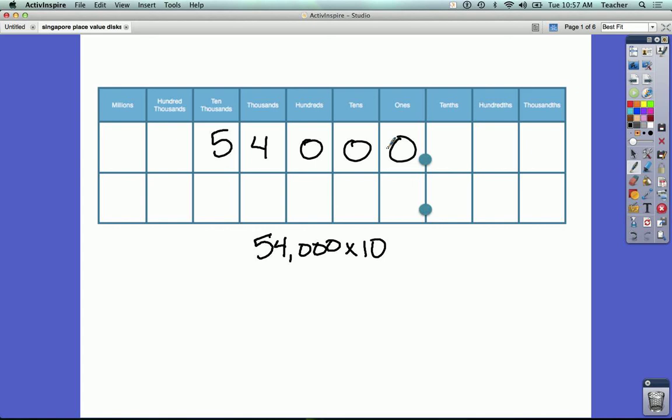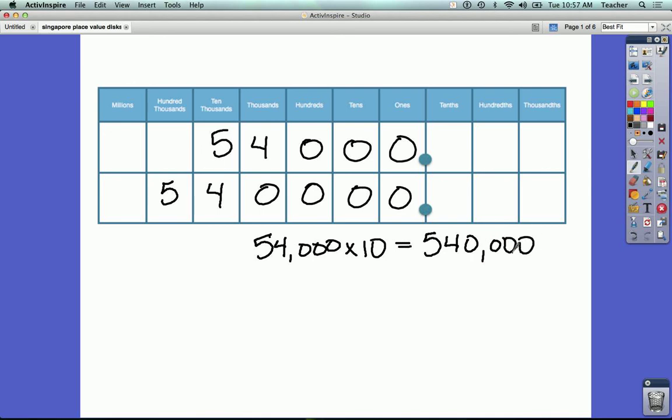Add one more zero to the end? So if I were to use a place value chart, I would move this 1 over, and that equals 540,000. Would I have arrived at the same answer had I just added a 0 onto my original problem? Yes.